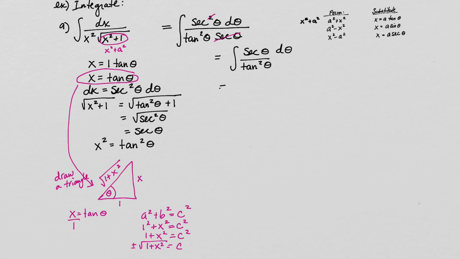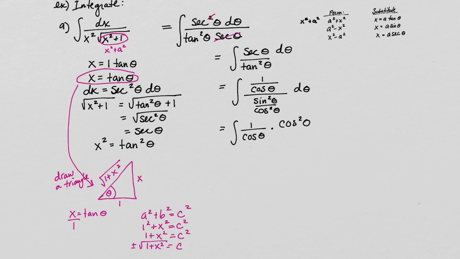So secant is 1 over the cosine of theta, so I have 1 over the cosine of theta. Tangent squared is going to be sine squared theta over cosine squared theta, d theta. And I have a fraction divided by a fraction, so we're going to do keep, change, flip. So I get 1 over cosine theta times cosine squared theta over sine squared theta d theta.